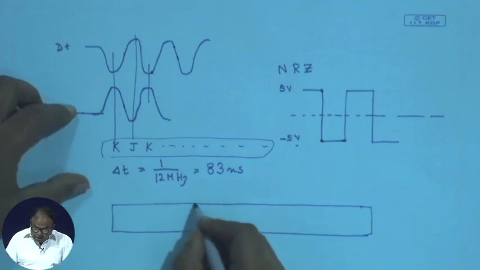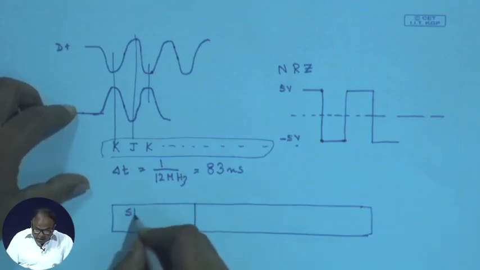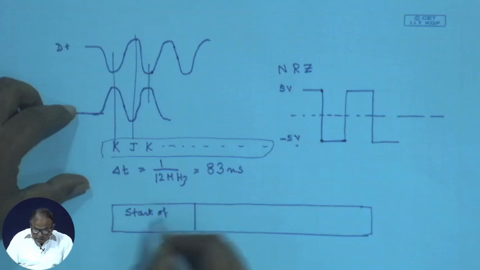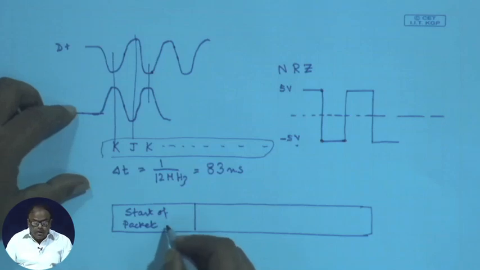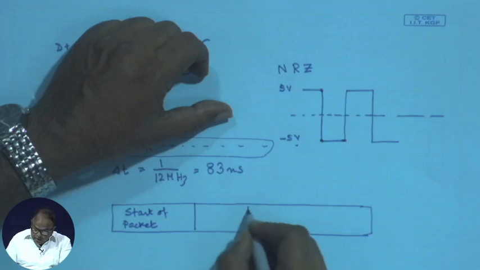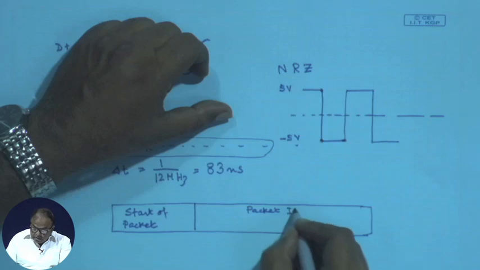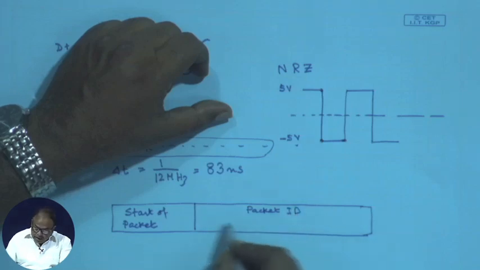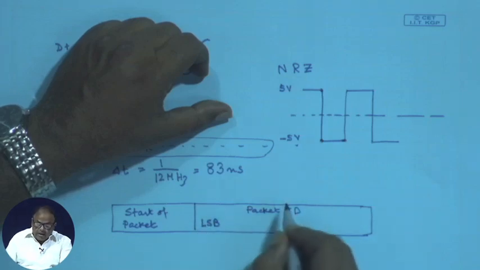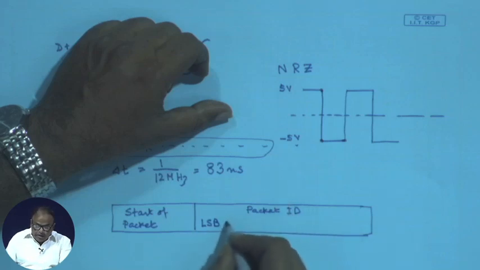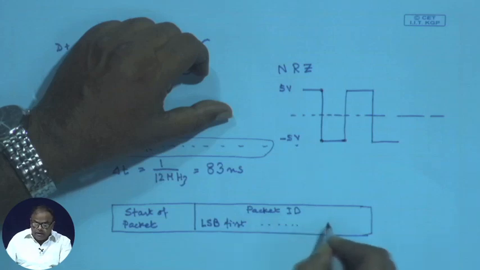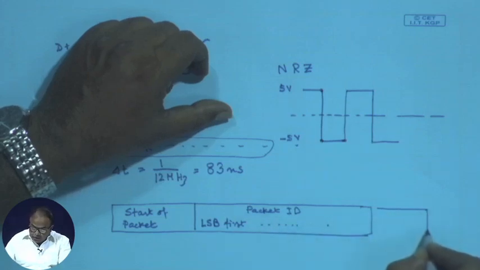I will just say that there is a start of packet, the start of packet is required for synchronization of the clock, then the packet ID, so there we send the LSB first, the packet ID will go, then the LSB first, and then there will be an end bit, and at the end there will be an end of packet.